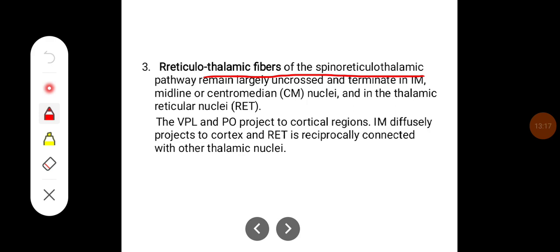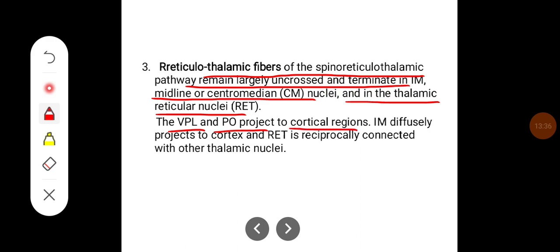Reticulothalamic fibers of the spino-reticulothalamic pathway remain largely uncrossed and terminate in the intermediate, midline or centromedian nuclei and in the thalamic reticular nuclei. The ventroposterolateral and posterior nuclei project to the cortical regions. The intermediate nuclei diffusely project to the cortex, and the reticular nucleus is reciprocally connected with other thalamic nuclei.